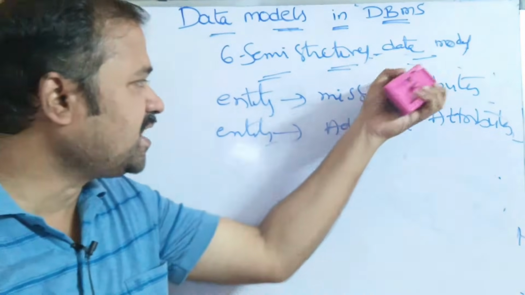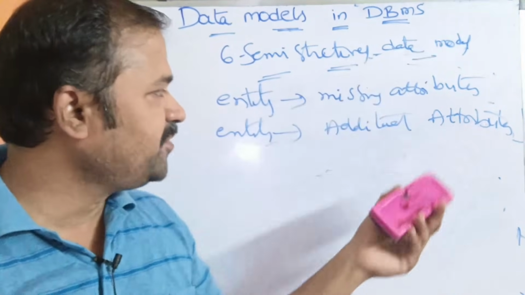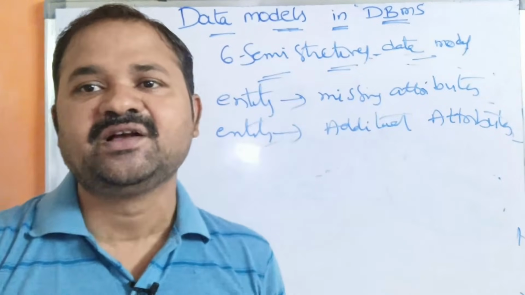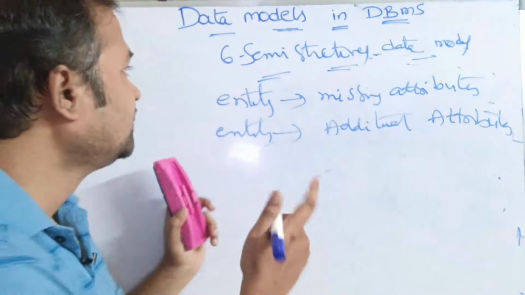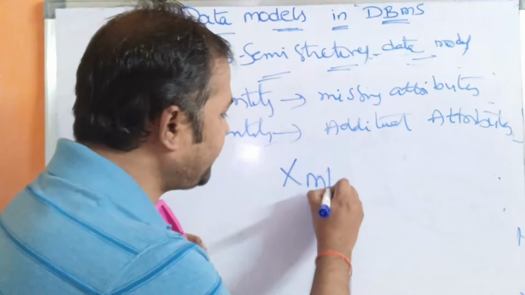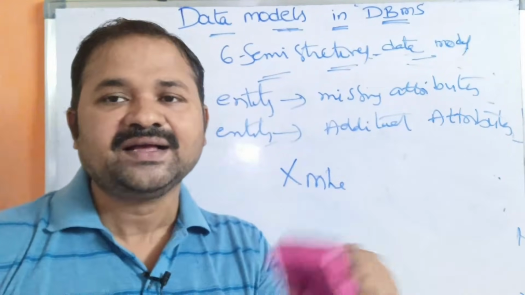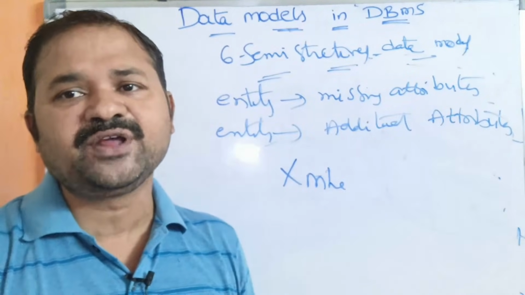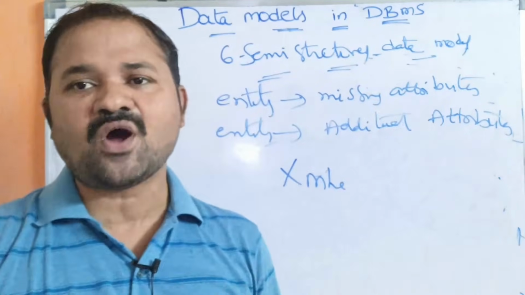We can remove the additional attributes, or we can add attributes, with the help of XML technology. Here we use XML technologies in order to add additional attributes, or to remove the attributes which are not needed.